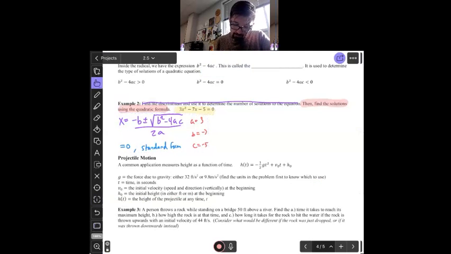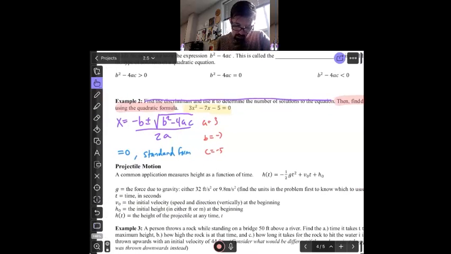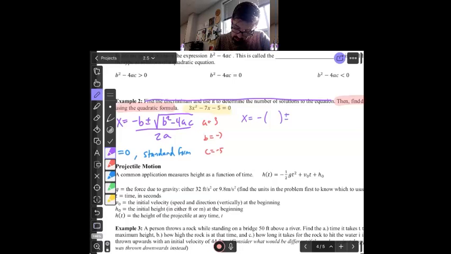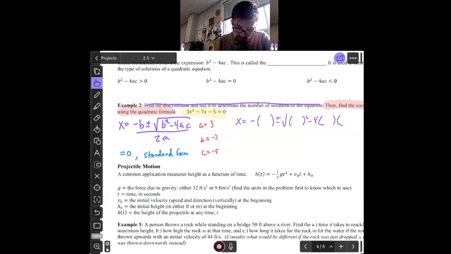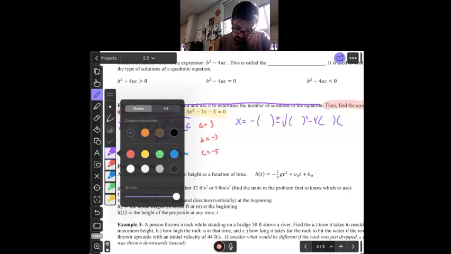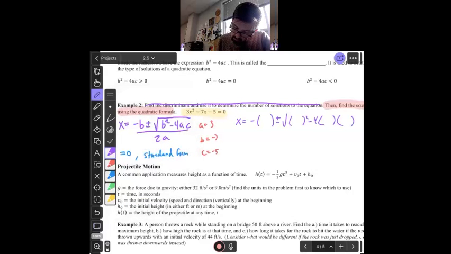I'm a big fan of setting up the problem with all the pieces and then going back and filling in all the new information. So I know I need a negative something. I know I need something squared. I know I need -4 times something times something. All over my 2a, 2 something.